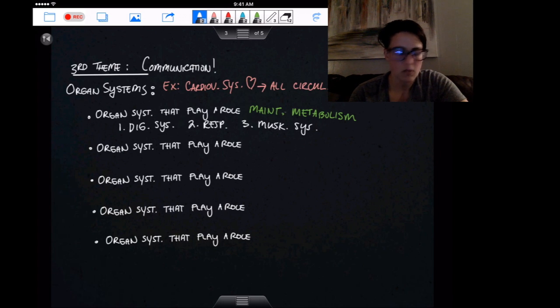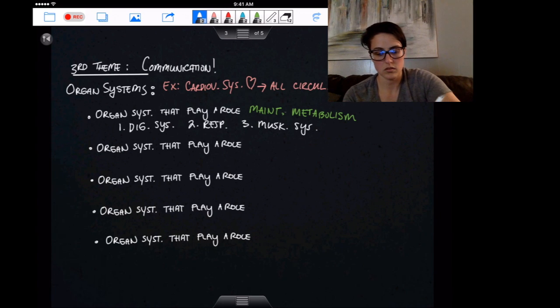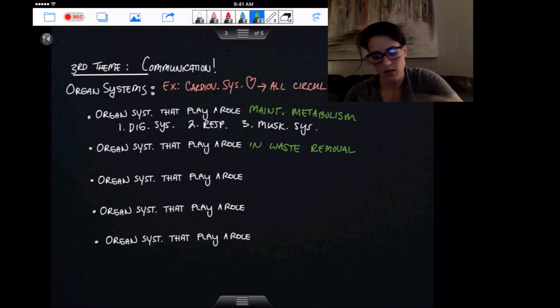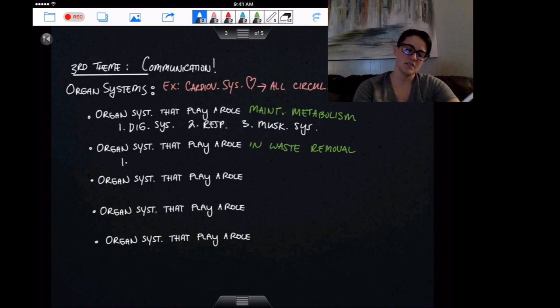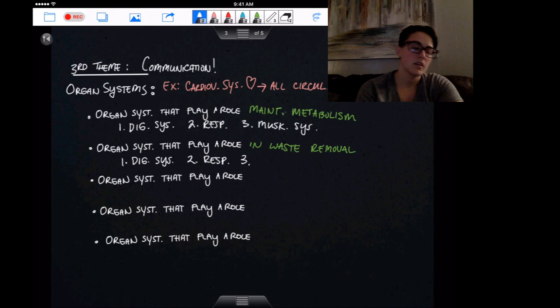What about an organ system that plays a role in waste removal? Again, digestive system. That one should have been easy. The respiratory system. We have to have oxygen. The third one, the urinary system.